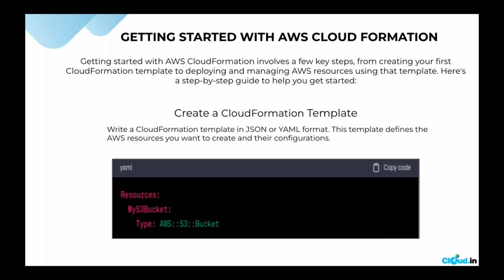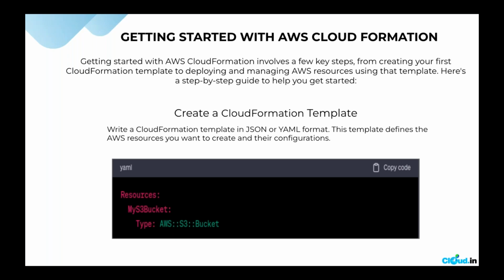Firstly, you'll have to sign into your AWS console. Next, you will have to choose a region. Then, when you enter the CloudFormation console dashboard, you need to create a CloudFormation template. You can create the templates using either a JSON or a YAML format, as I mentioned before.